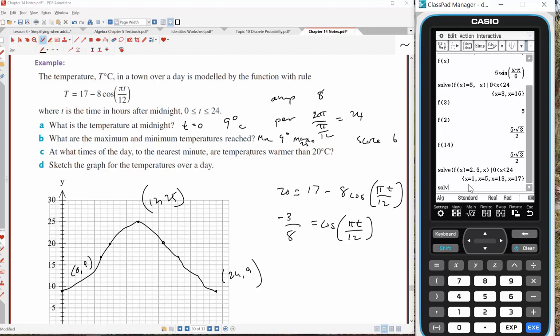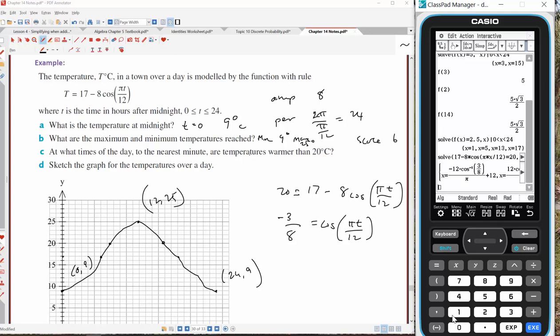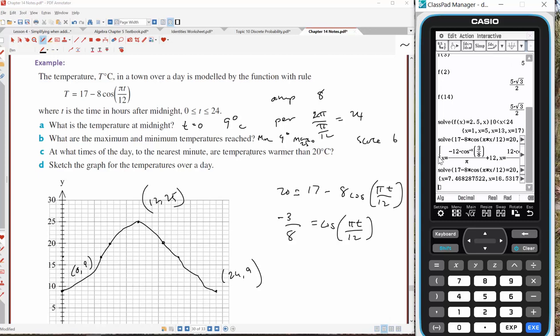We're going to solve 17 take away 8 times cosine of pi times x over 12 equal to 20 for x over the domain 0 less than x less than 24. The exact values are these ones here. So let's approximate those.